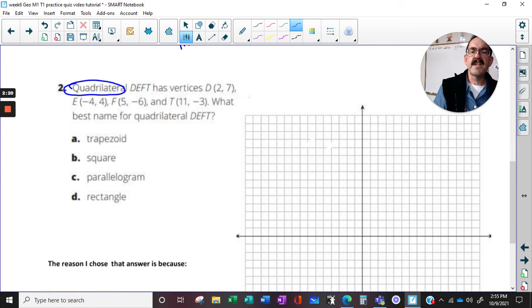Quadrilateral DEFT. Plotting the points on the grid, counting out the coordinates: 2, 7, negative 4, 4, 5, 6, 11, 3.